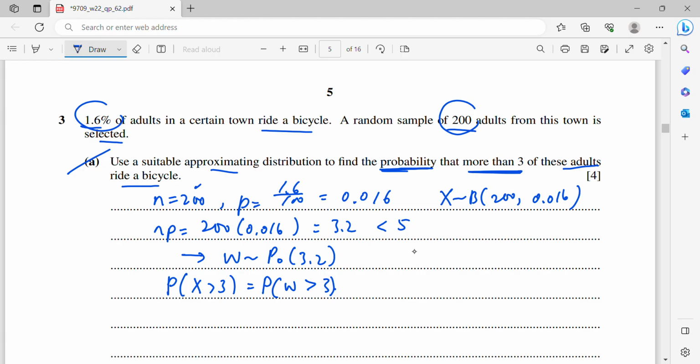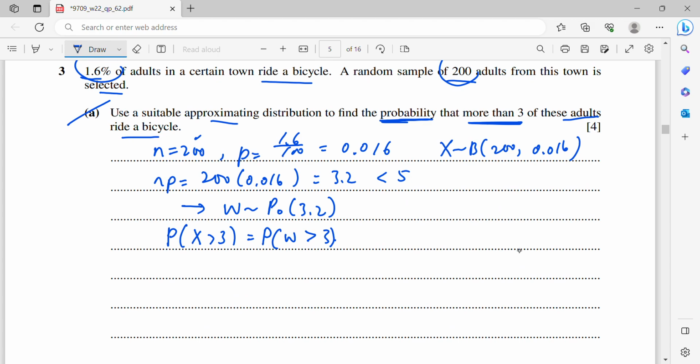Because binomial and Poisson are both discrete random variables, I will write this as 1 minus P(W ≤ 3). P(W ≤ 3) means it will be 0 until 3, so I have to count all these probabilities.